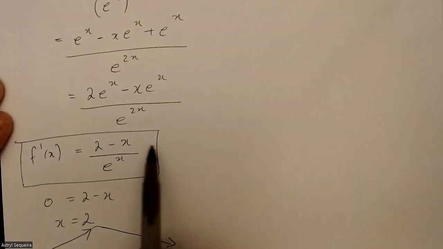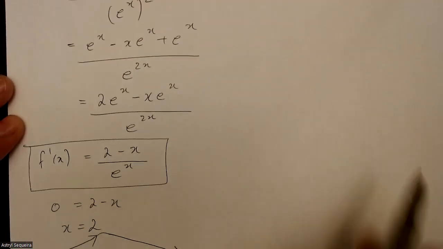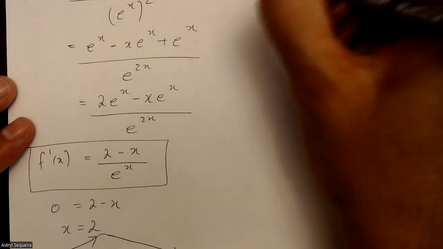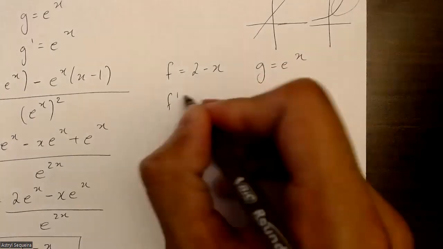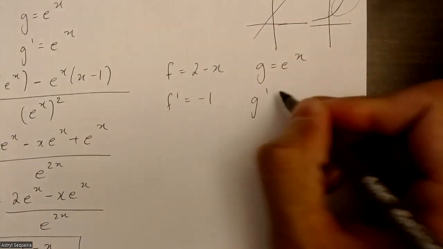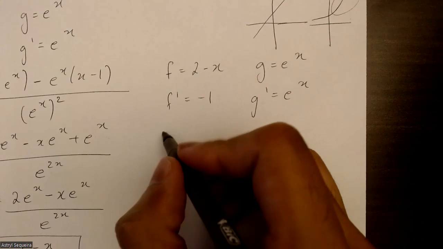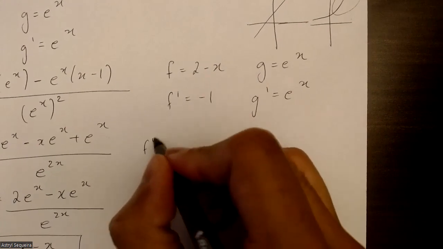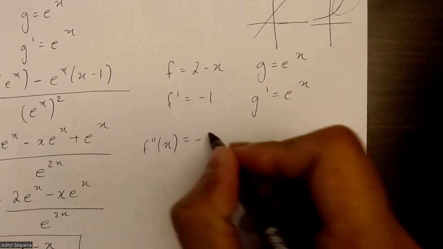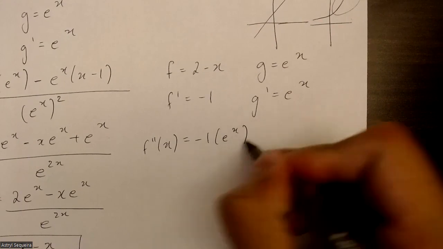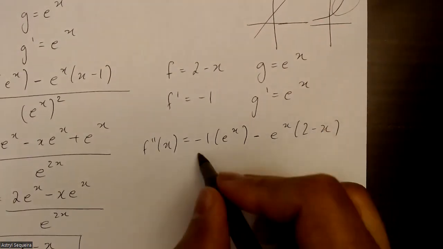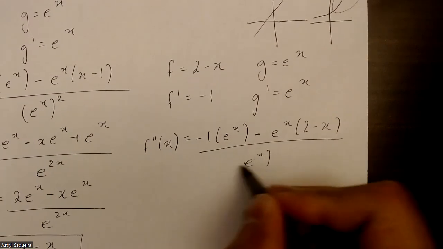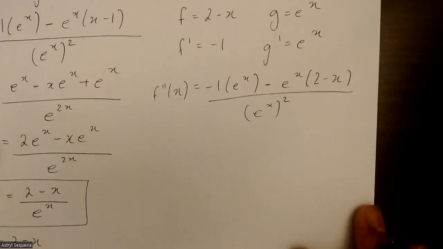So I'm going to just derive this function again. I'll do it over here. Again, it's quotient rule. F double prime x equals F prime g minus g prime F over g squared, very similar to the first one.